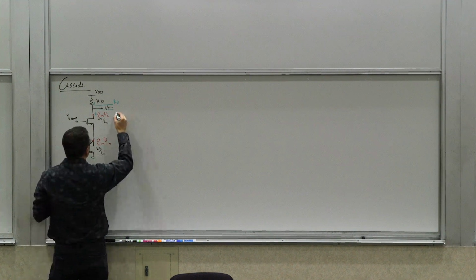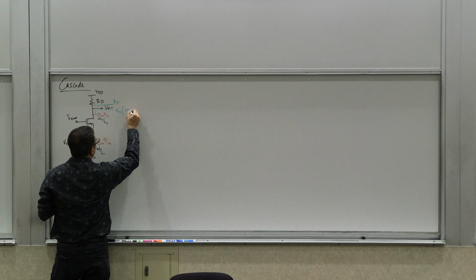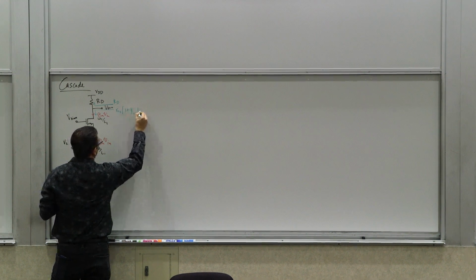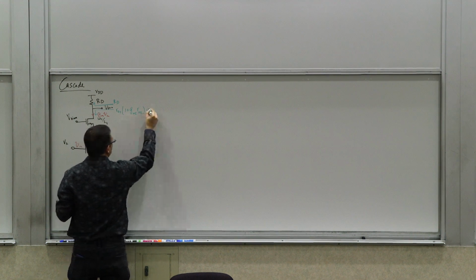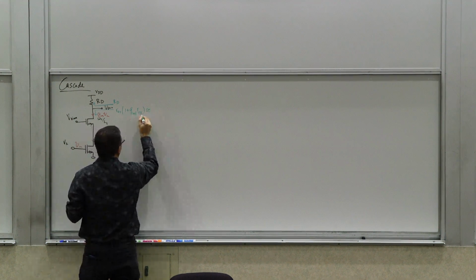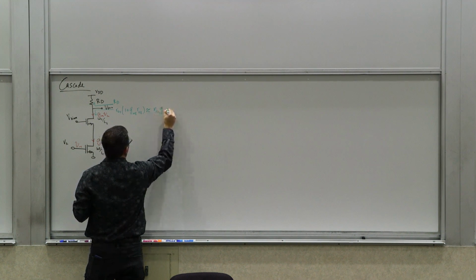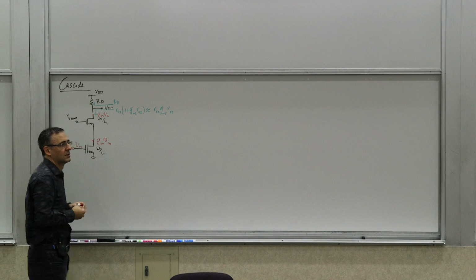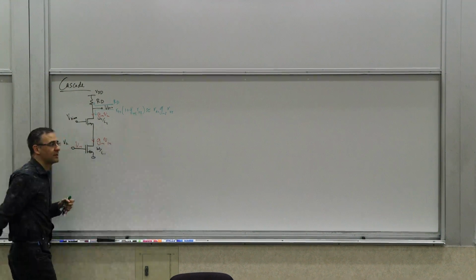This is basically RO1 times (1 + GM2 RO2), but I prefer to write it as RO1 GM2 RO2. Unless this number is really like 2 or 3, this 1 doesn't matter.